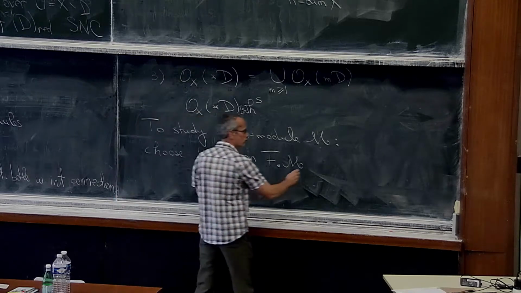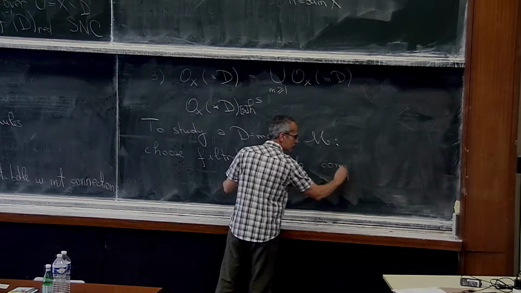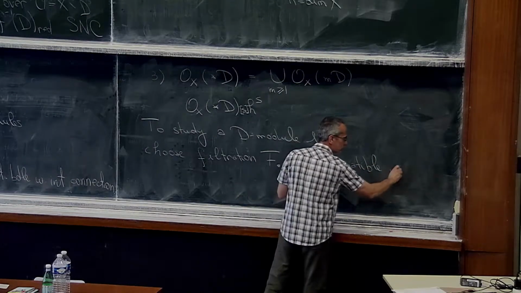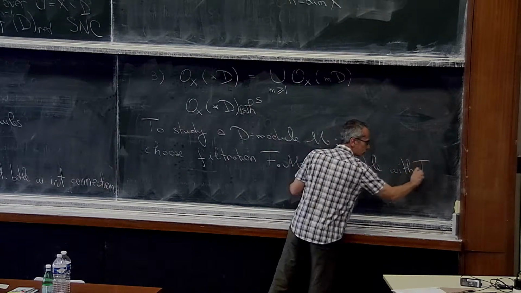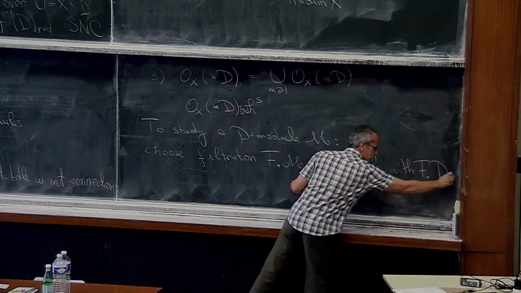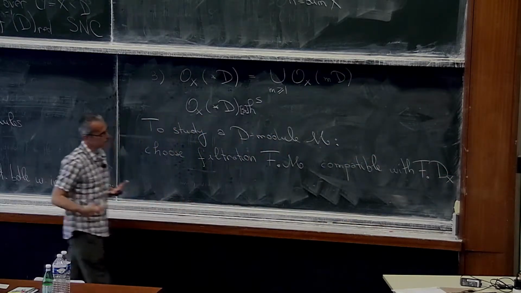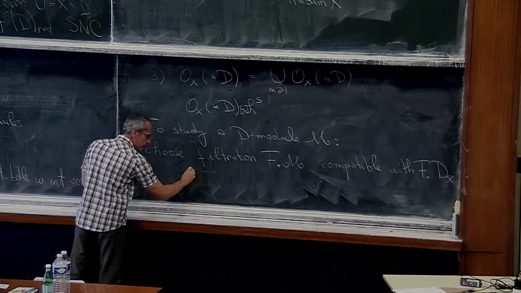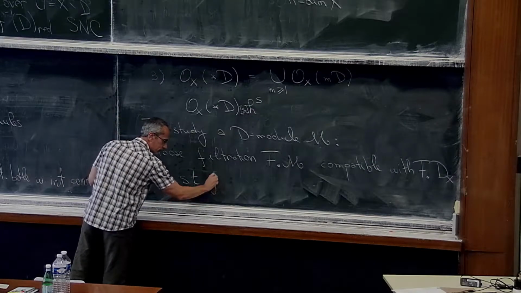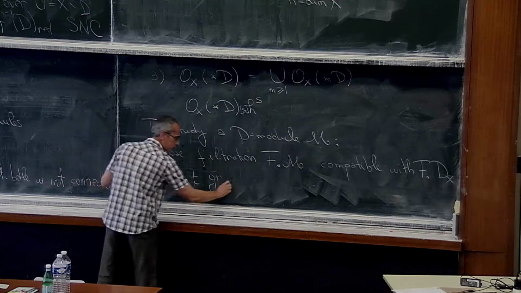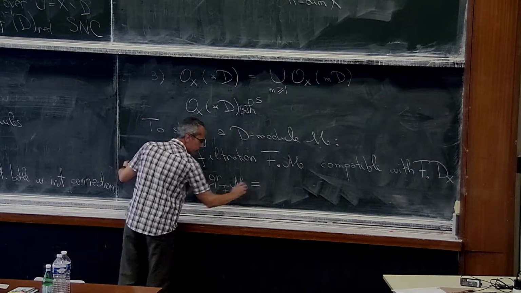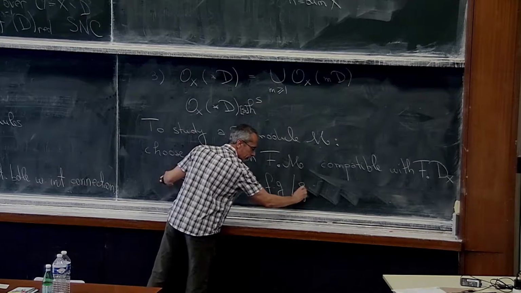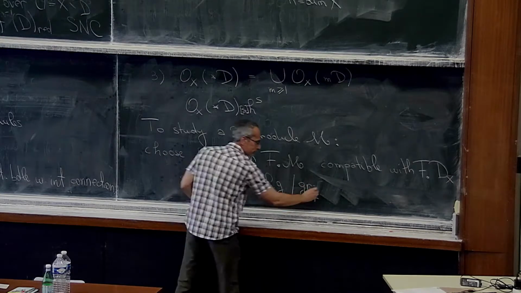Right? So compatible with the filtration on D_X. And the requirement is that it's finitely generated in the sense that if I look at the gr with respect to this filtration, this is finitely generated over the gr of D_X.